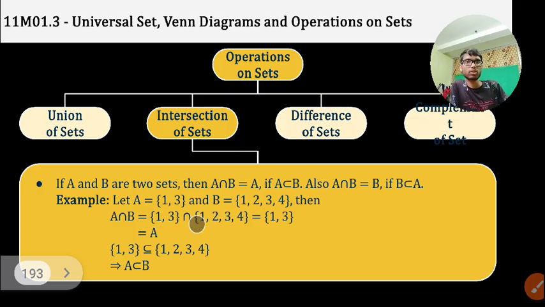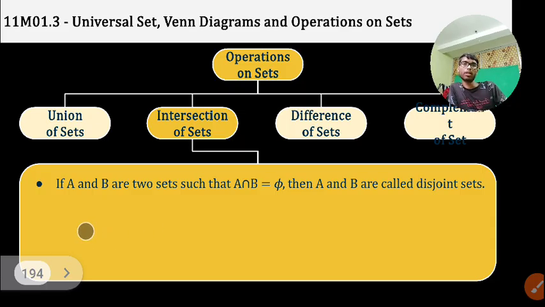The intersection of this would be 1, 3. This is the intersection, and here we are saying that this is equal to A. Can we say that this is equal to this? No. 1, 3 is a subset of this. Yes, this is what we are saying. Okay, clear.